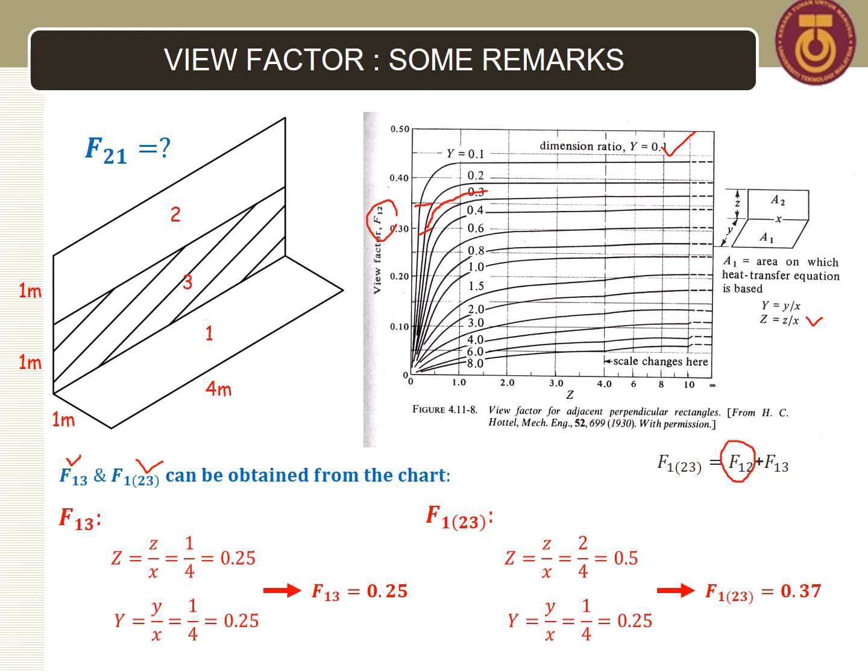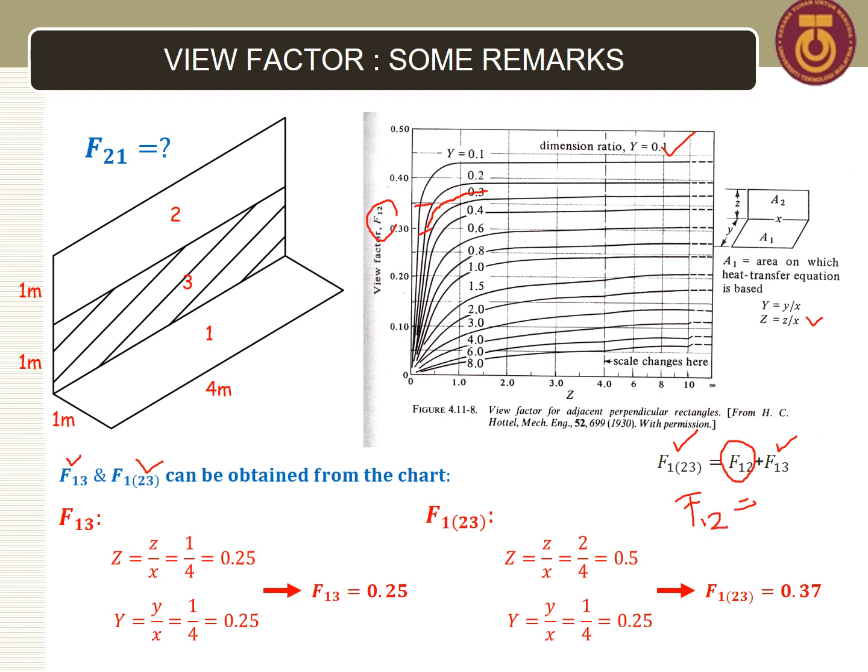When we substitute F123 equals 0.37, sorry, and F13 equals 0.25, then you will get F12.